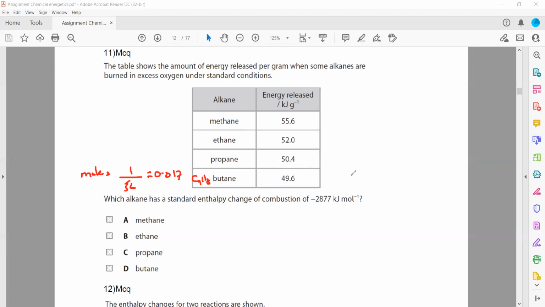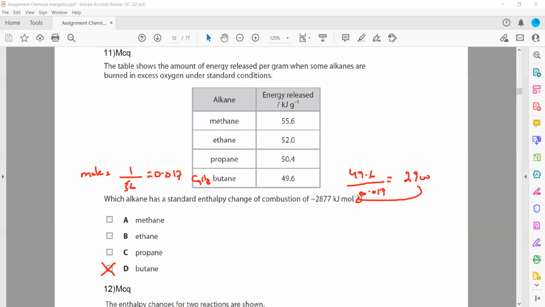If this many moles are burned, this is the energy released, but we need it for each mole, so it will be 49.6 divided by 0.017, which is approximately 2900, equal to 2877 as the nearest one. That's why D is the right answer.